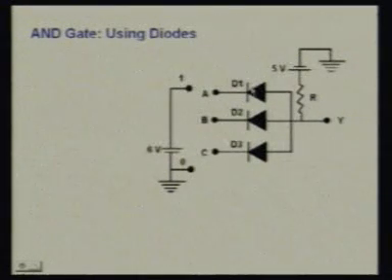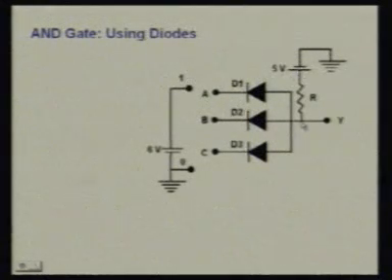Now if we assume all D1, D2, D3 are in 1 state, that is the N terminal is connected to 6 volt and P terminal is connected to 5 volt. This means that D1, D2, D3 they all will be in reverse bias condition. So no current will be flowing, and if the current is flowing, that will be in micro or nano amperes. So no current will be flowing in principle through D1, D2, D3, and the whole 5 volt will appear at the output.